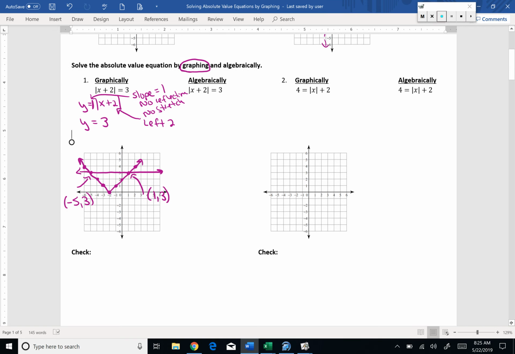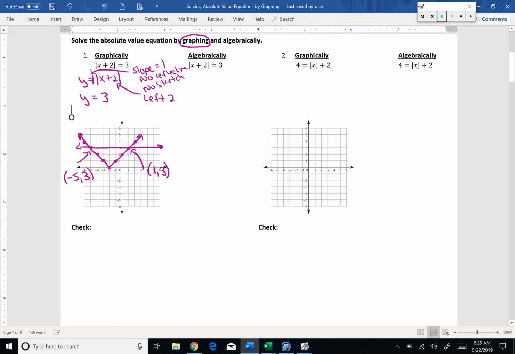Now, when we go to actually solve the equation, we talked about this before we even started graphing. Our original has no y value. So when we find our intersection points, do we care about the y value? No. When we're solving this, we only need to worry about the x.